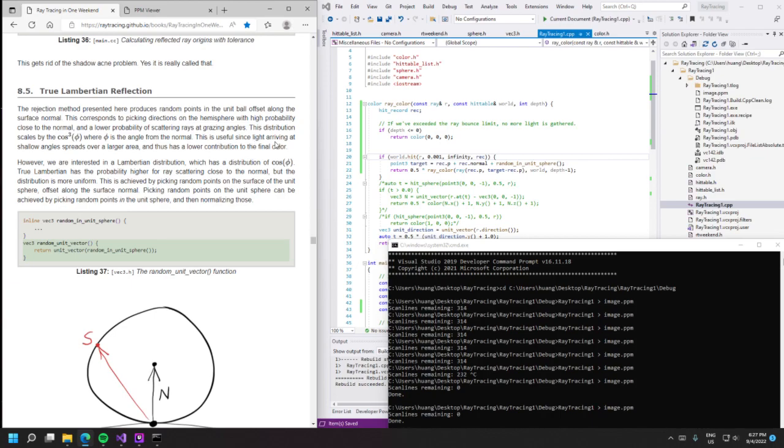This is useful since light arriving at shallow angles spread over a larger area and thus have a lower contribution to the final color. However, we're interested in a Lambertian distribution which has a distribution of cosine. Well, do you just take the third? I don't know. Take the power to 1/3?